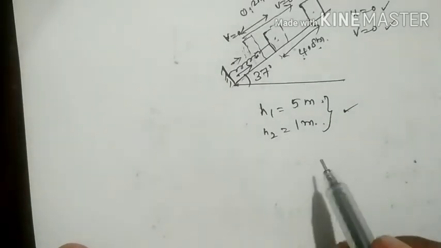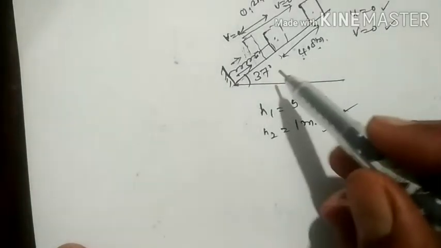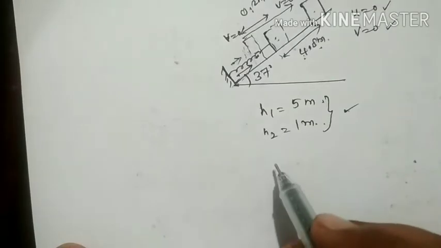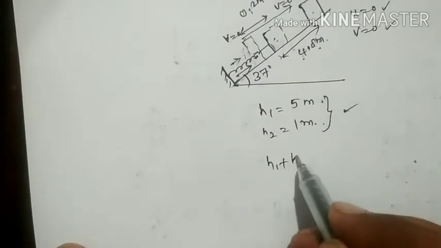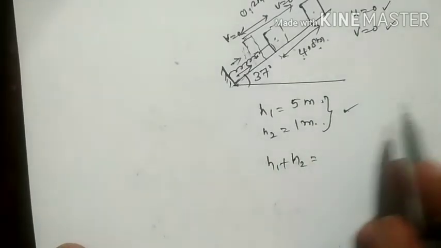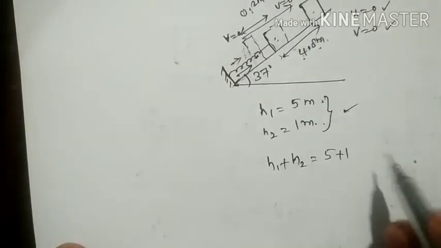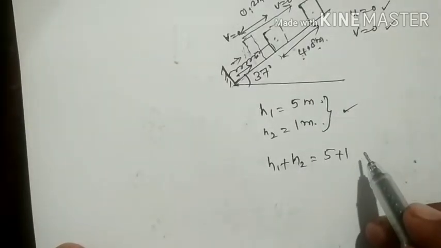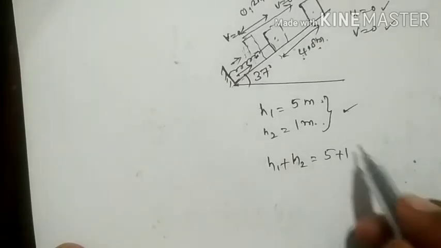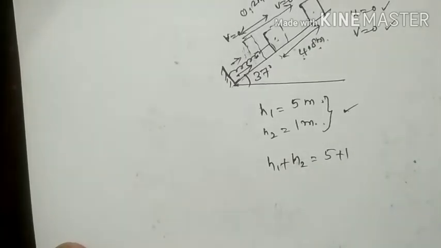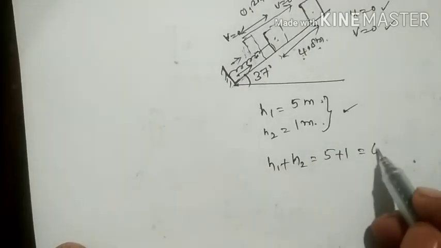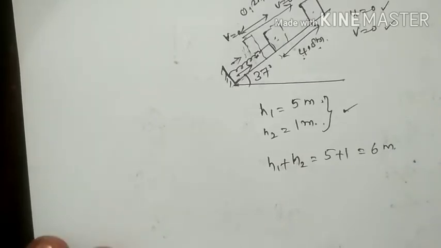But if you want to calculate work done by the frictional force, then you require h1 plus h2, the total path length. It does not depend on the initial and final positions for a conservative force, whereas the frictional force, a non-conservative force, depends on path length. 5 plus 1 is 6, so it is 6 meters.